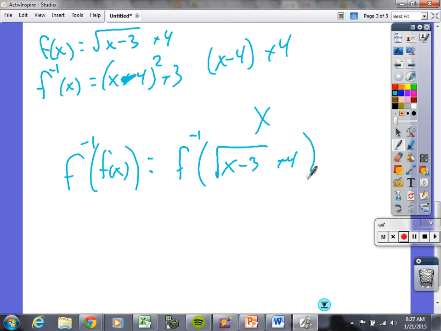Once again, I'm inserting this into that x right there. That's the goal. So here we go. Parenthesis, x minus 4, squared, but our x is the square root of x minus 3 plus 4. You guys see what I just did there? Good? You okay?